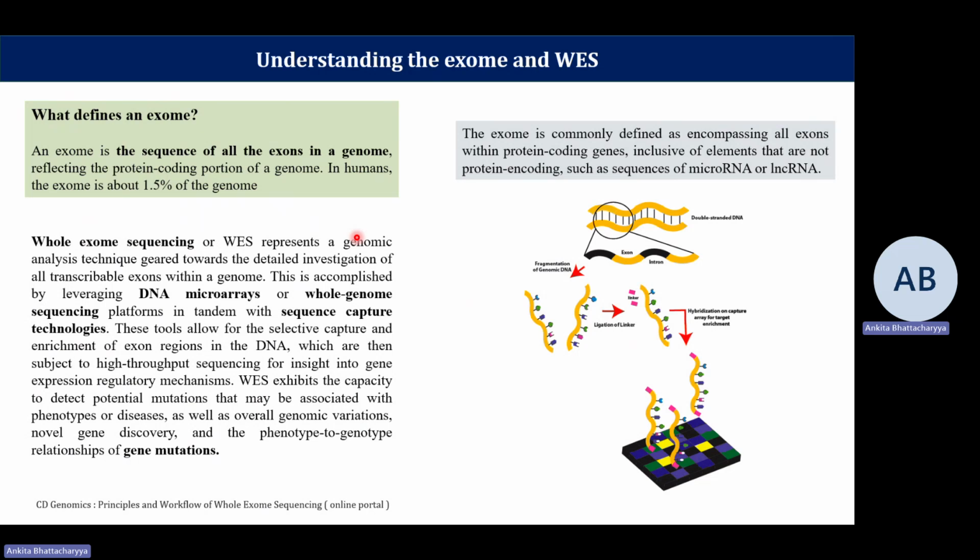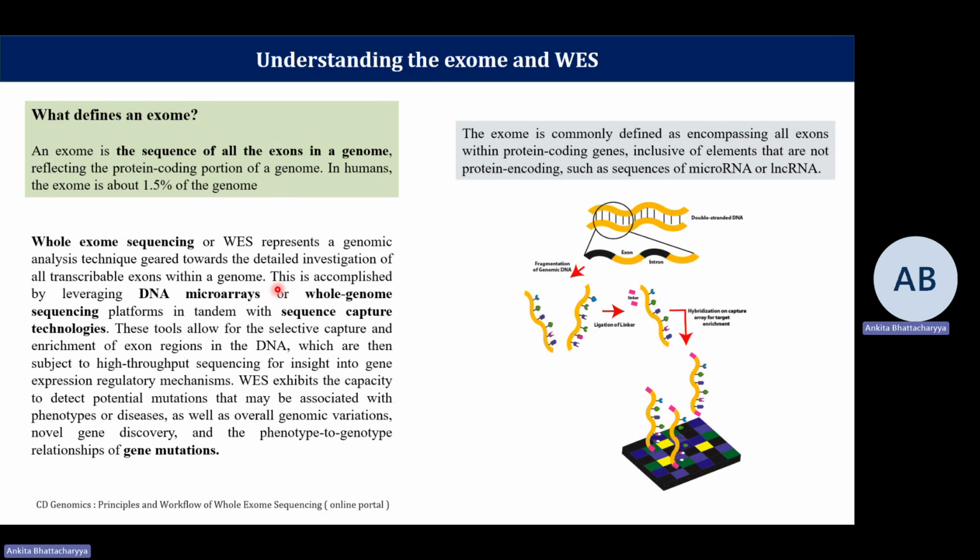So, as the name suggests, it is basically an analysis technique or a high throughput sequencing technique where you want to get an idea of all the transcribable exons, or rather, I think a better way to read it is the information from all of the transcribable regions within a genome.